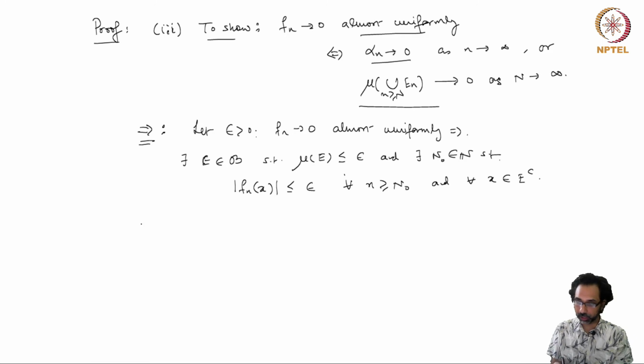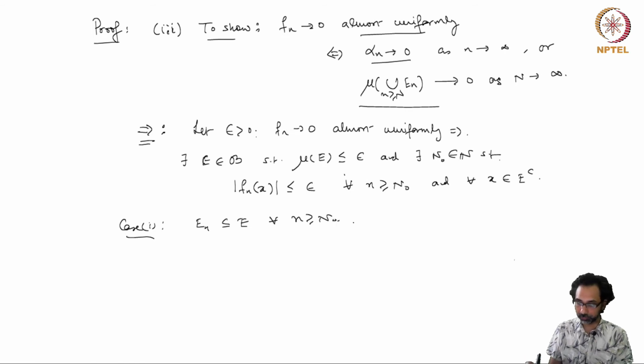Now we can deal with two cases. So the first case is that En is a subset of E for all n greater than or equal to n naught.